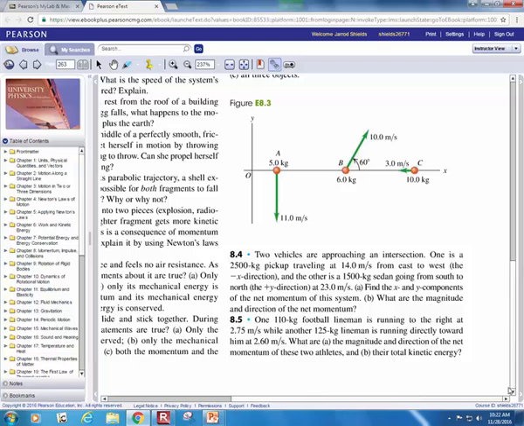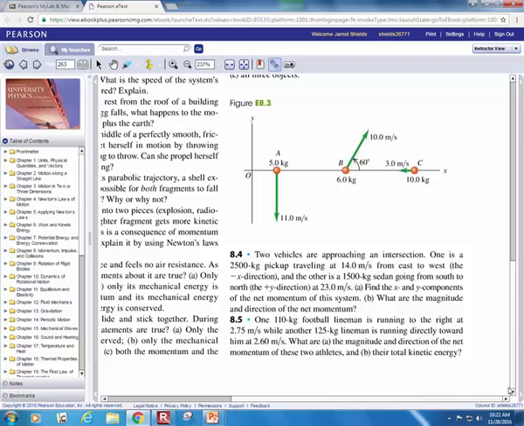All right. At 23 meters per second, find the x and y components. Now listen, x and y components of the net momentum of the system. What are the, now listen close, magnitude of the net momentum. So what are we going to do on part A?